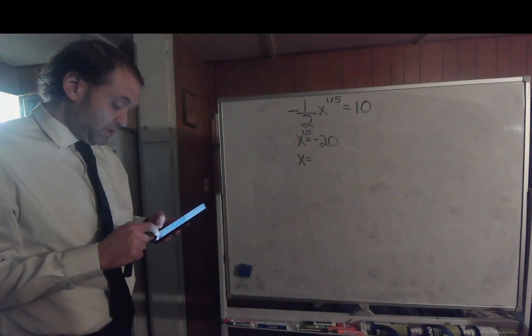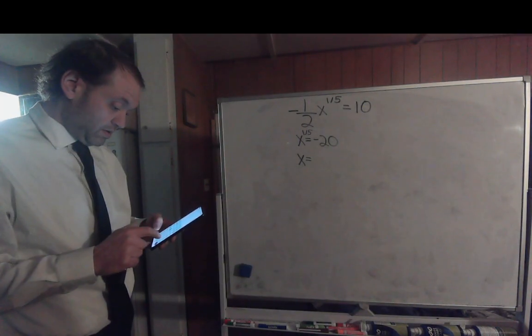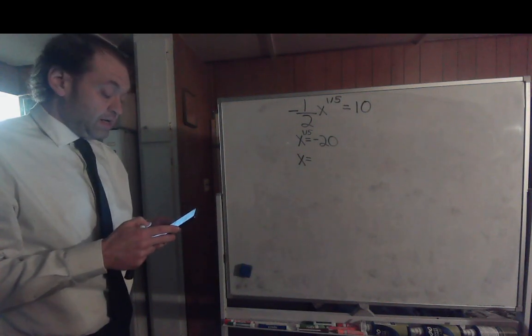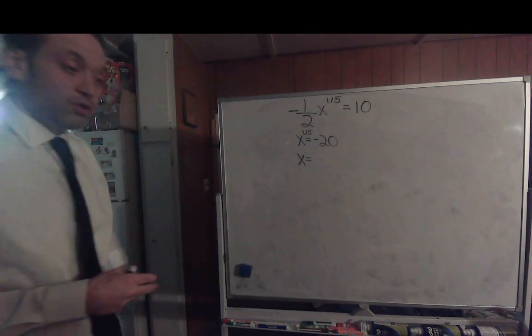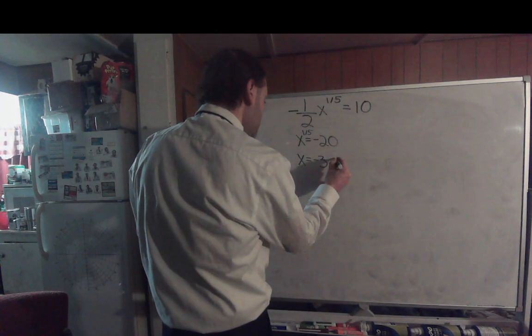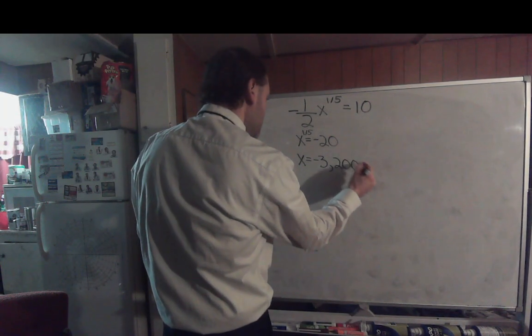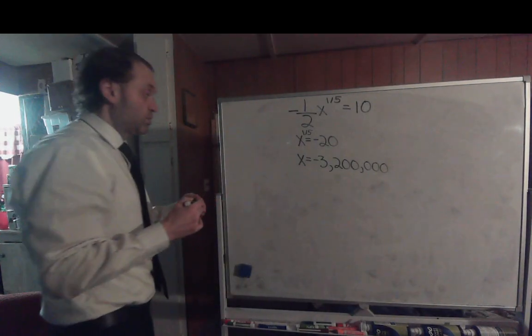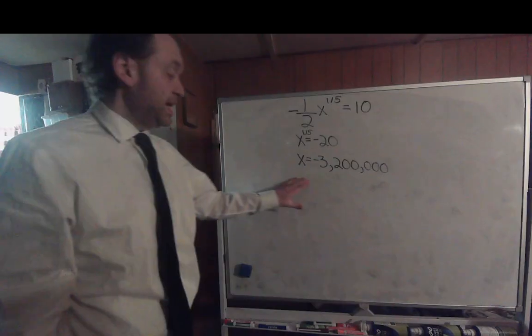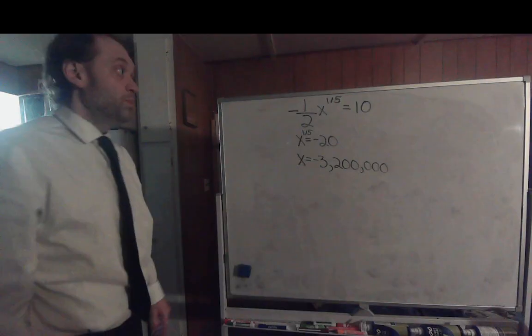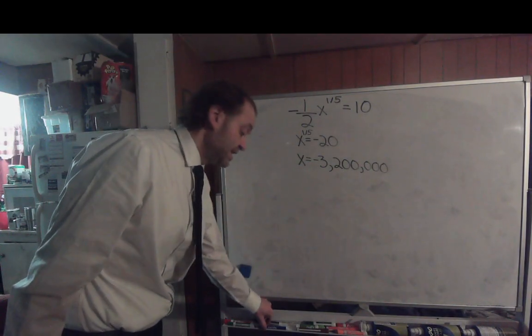Raising -20 to the 5th power, negative 3,200,000. All right, so according to this, x would equal negative 3,200,000. Well, we still have to check and make sure this lines up.